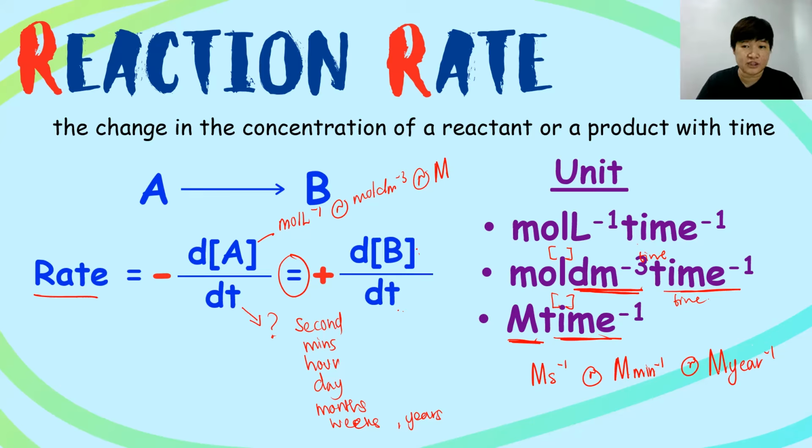So your concentration over the change of time, the time right now is in year. It could be hour^-1, concentration over time, where your time right now is in hour. Okay? So it depends on the question. Be very careful with your time. Read the question carefully. Make sure you know the time is measured in what unit.